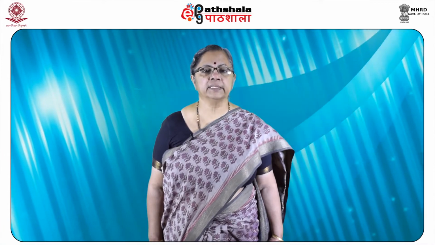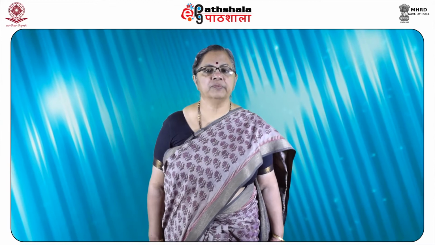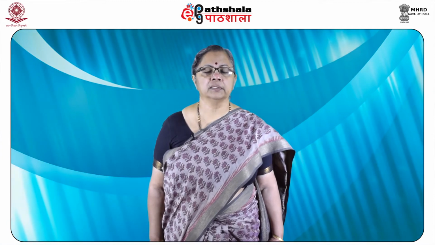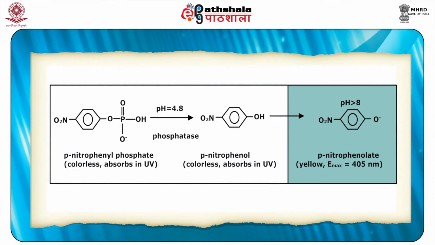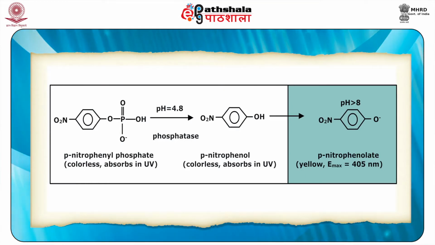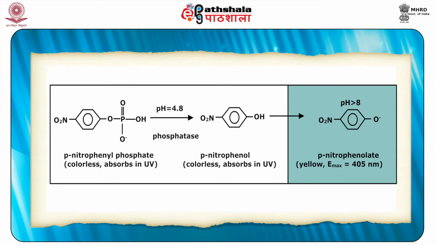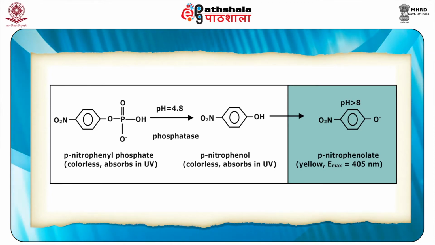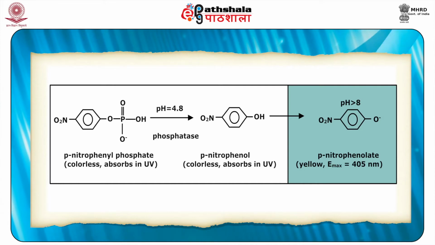The method selected to measure the product, or in some cases the substrate, would preferably measure one in the presence of the other. For example, in the assay of the enzyme acid phosphatase, a colorless substrate, para-nitrophenol phosphate, is used, which when acted upon by the enzyme gives rise to a colored product, para-nitrophenol.